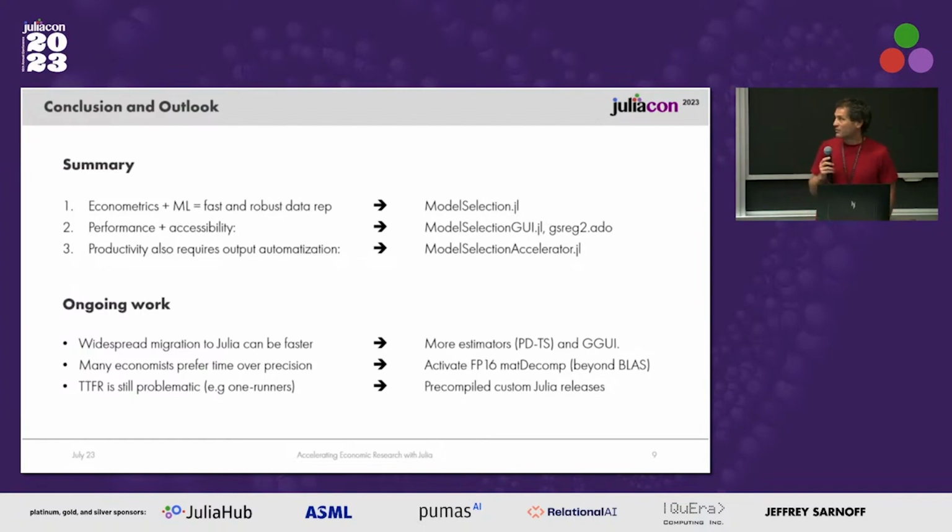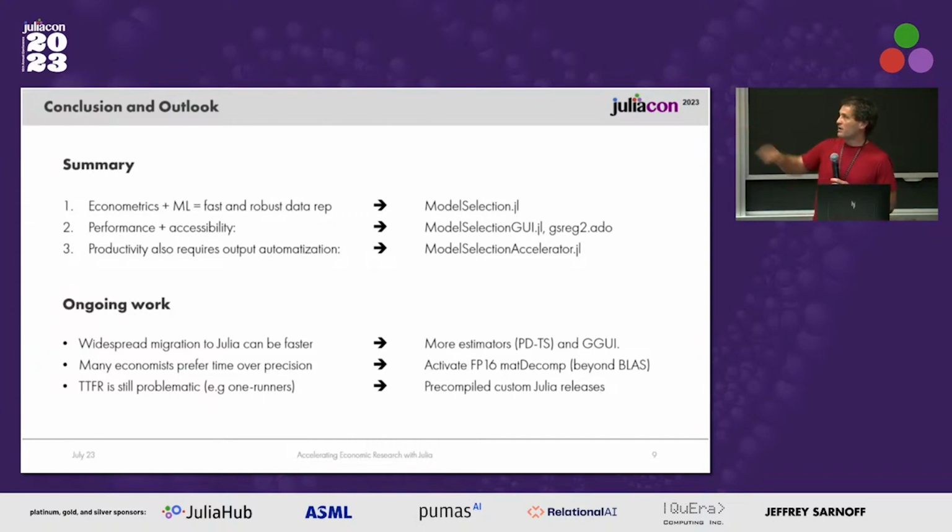First, we think we have more to improve and more community to get, by making more estimators and better GUIs. We are working on that. We think that sometimes precision is not that important, so we are working on FP16, so we can have more speed improvements.